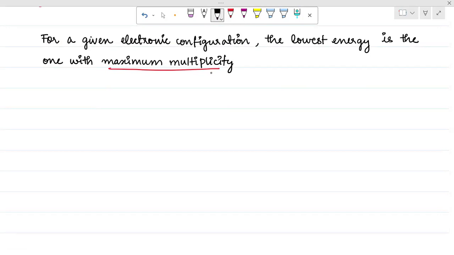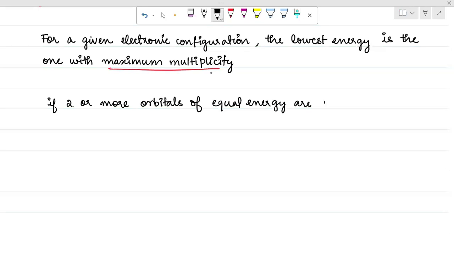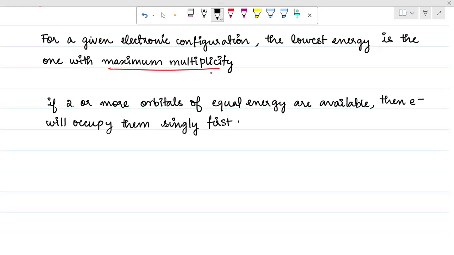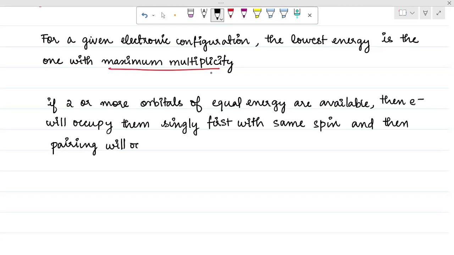Because of which, what you can write is, another definition: if two or more orbitals of equal energy are available, then the electron will occupy them singly first with the same spin, and then pairing will occur.